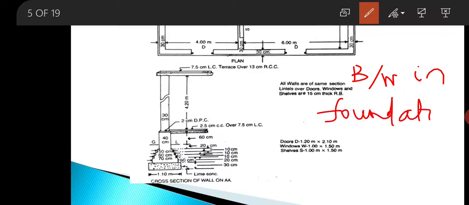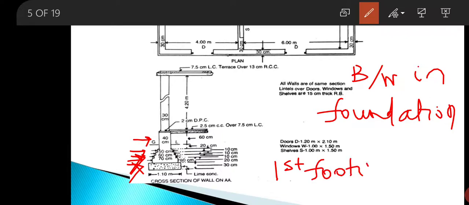So the total quantity of brickwork in foundation will include the quantity of first footing, second footing, third footing, fourth footing and plinth work. So first we will go for calculation of quantity of first footing.